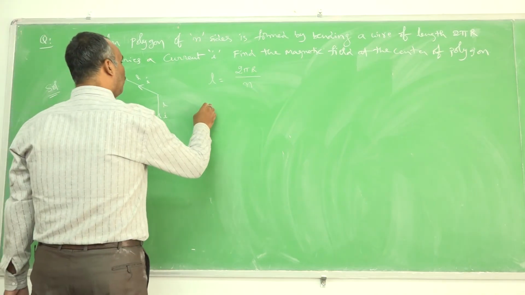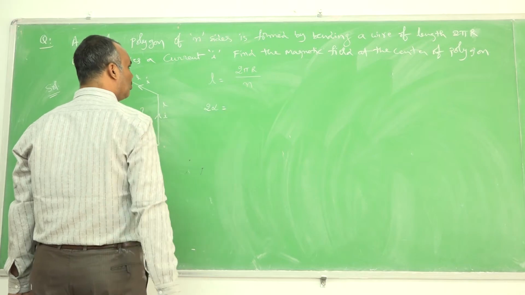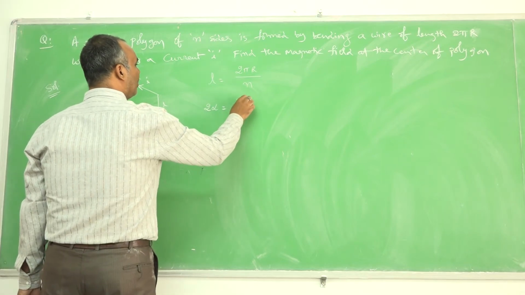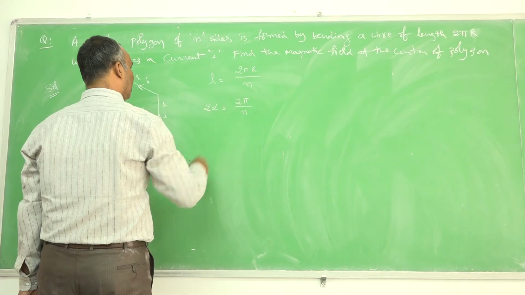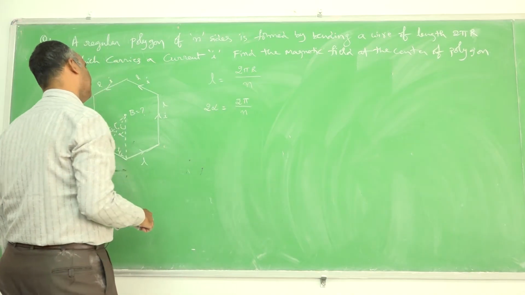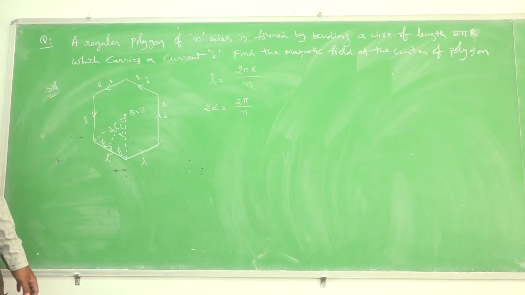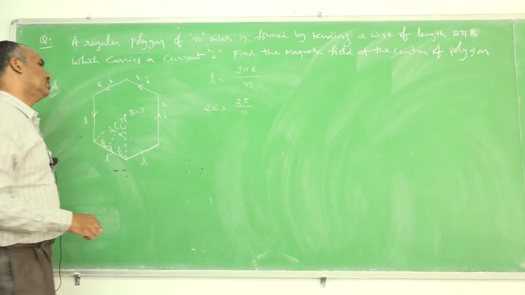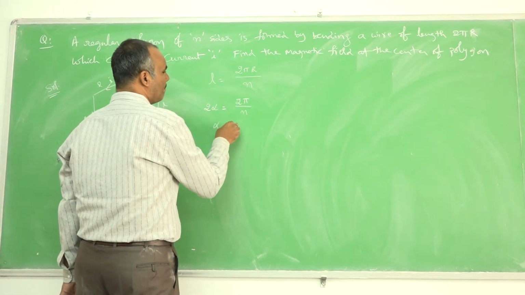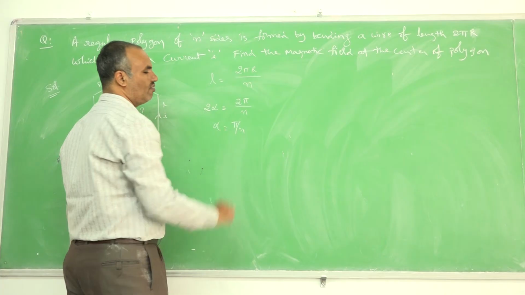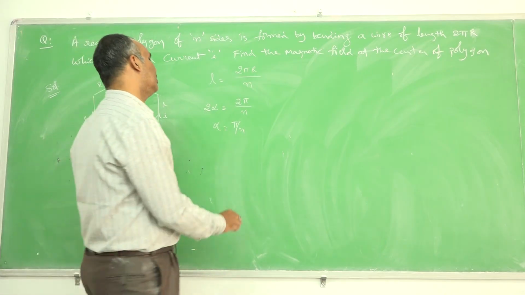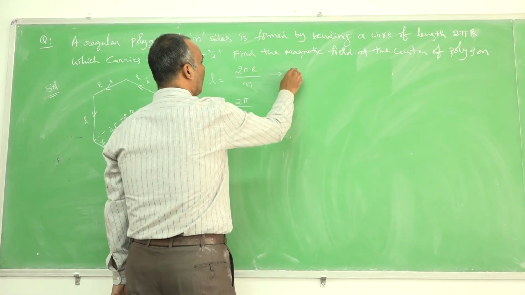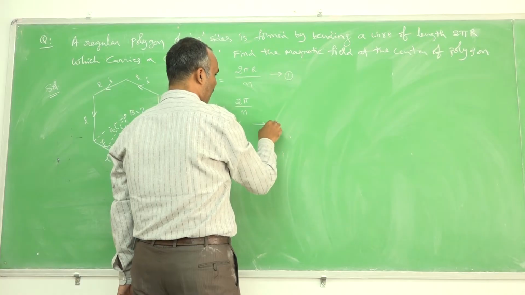So the 2 alpha must be equal to total angle 2 pi divided by n sides. Then alpha is given by pi by n. This is equation number 1. This is equation number 2.